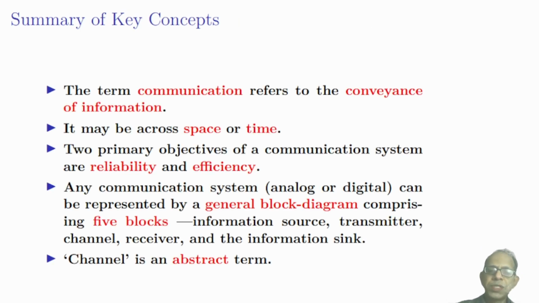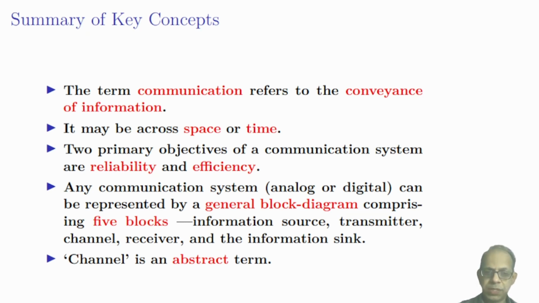So, to summarize, the term communication refers to the conveyance of information. That conveyance of information may be across space or across time. Two primary objectives of a communication system are reliability and efficiency.